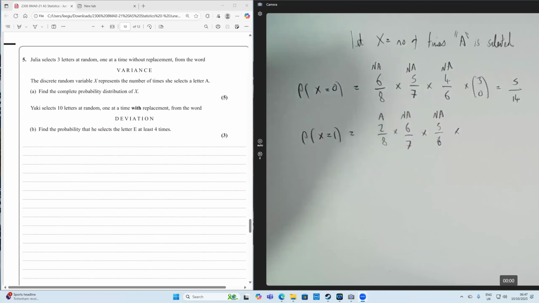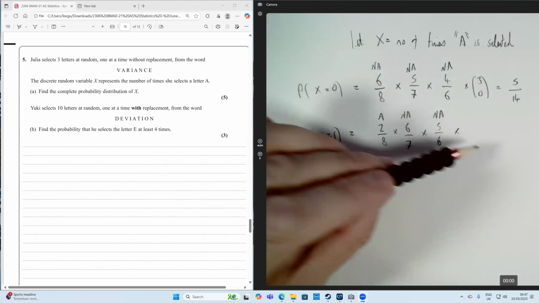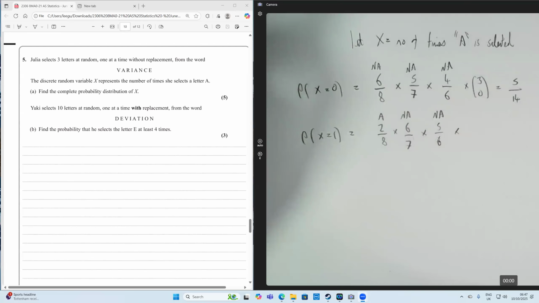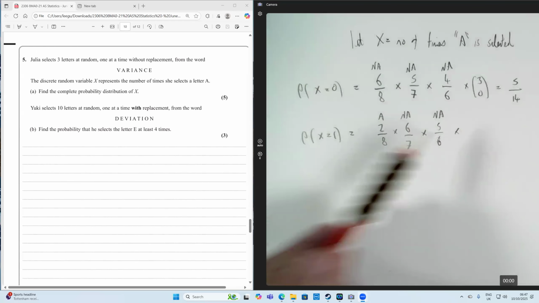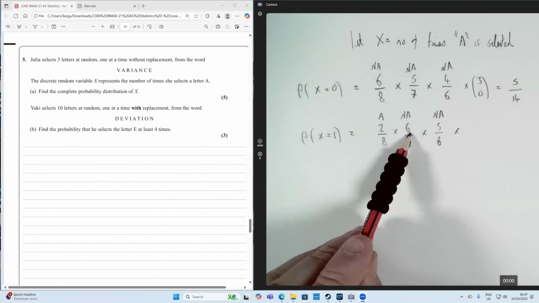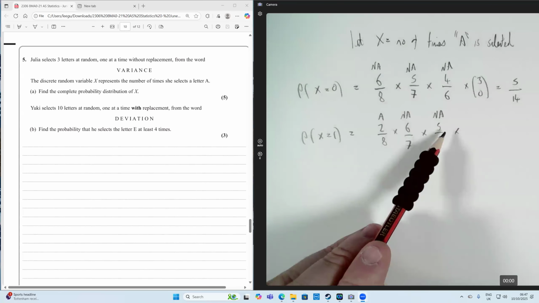Now, the thing we need to be careful of here, and this is where it's easy to make a mistake with this question, is you could just leave that and write down that probability, but that would be incorrect, because Julia might select an A the first time, she might select an A the second time, or she might select an A on the third choice.